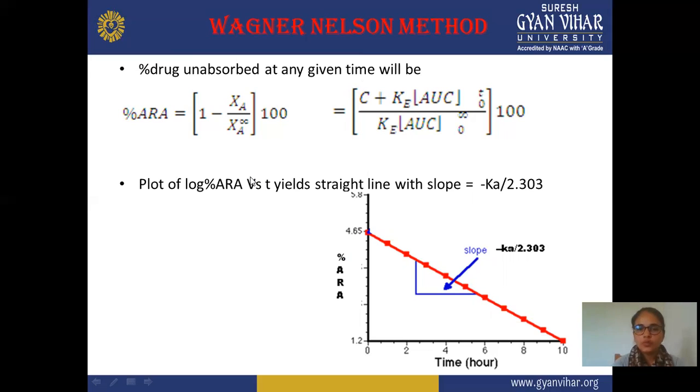When we plot the log percent ARA versus time, we get one straight line with slope minus KA divided by 2.303. This graph shows the percent ARA plotted against time, and the straight line shows the absorption rate, with a slope of minus K divided by 2.303.